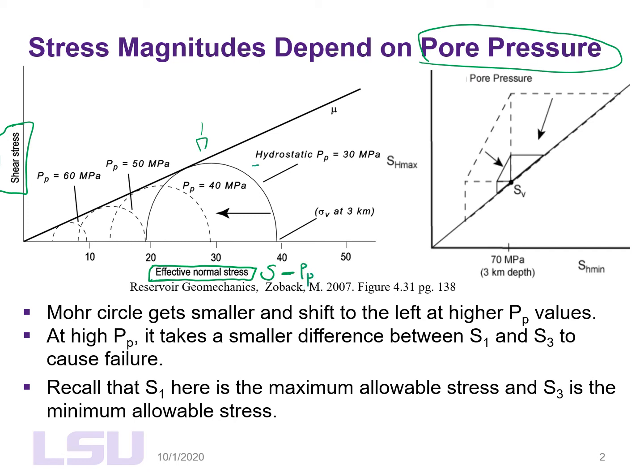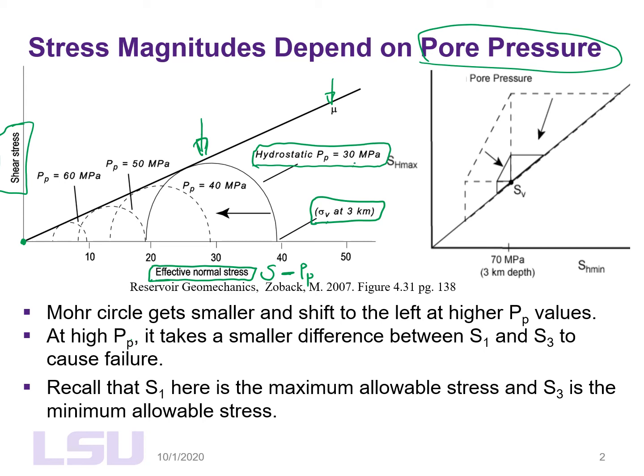So if we start out with pore pressure being hydrostatic and it's 30 megapascals, then given this line plotted with slope of 0.6, it has to go through the intercept. That's all you need to define a straight line. We can draw then at 3 kilometers depth, we can calculate SV, right?